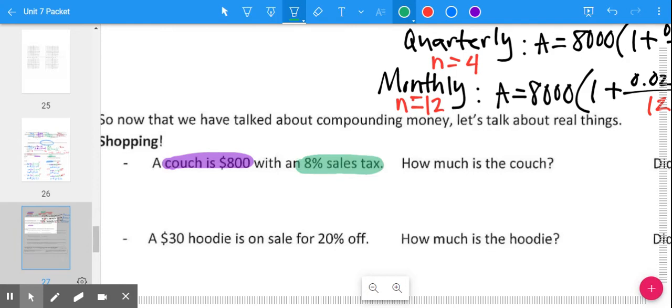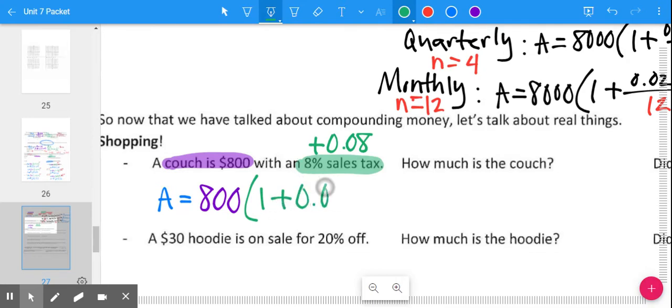Sales tax is something extra you have to pay. So when we write this, the amount for that couch is that $800, and we multiply. So we're adding on 8%, 0.08. Remember, 8 cents is written the same as 8%. So we have 1 plus our 0.08.